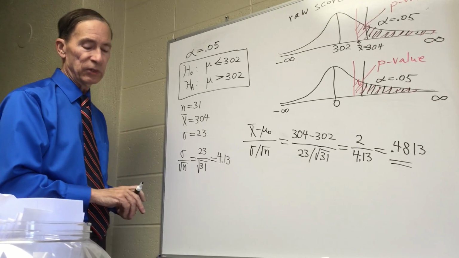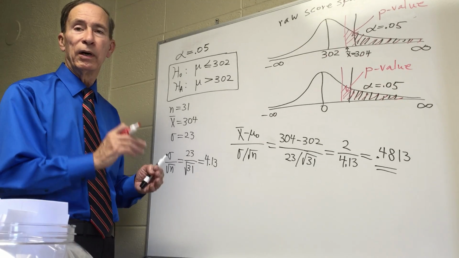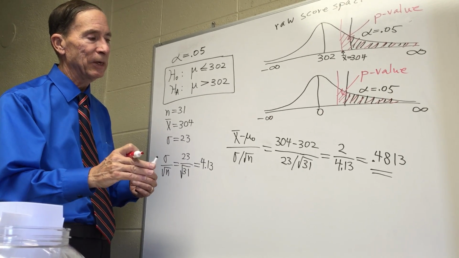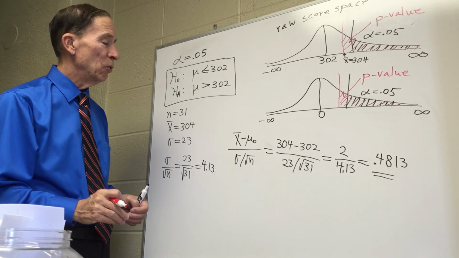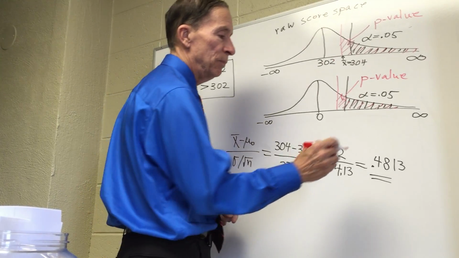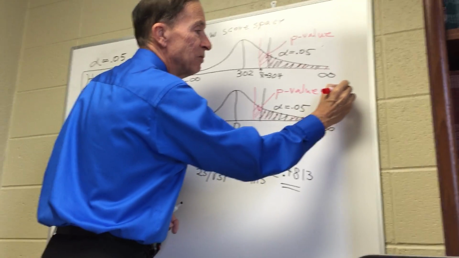When we go to the z table, we look for the row 0.4, and then we look for the column that picks up the additional 0.08. So we get 0.48, and the probability we find is 0.3156.